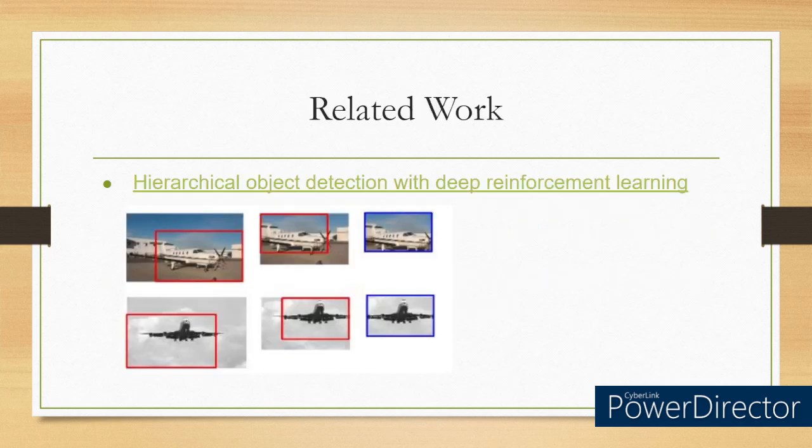This related work involves performing hierarchical object detection in images guided by a deep reinforcement learning agent. The key idea is to focus on image regions that contain rich information and zoom in on them. However, this approach only allows for incremental zooming of image regions.